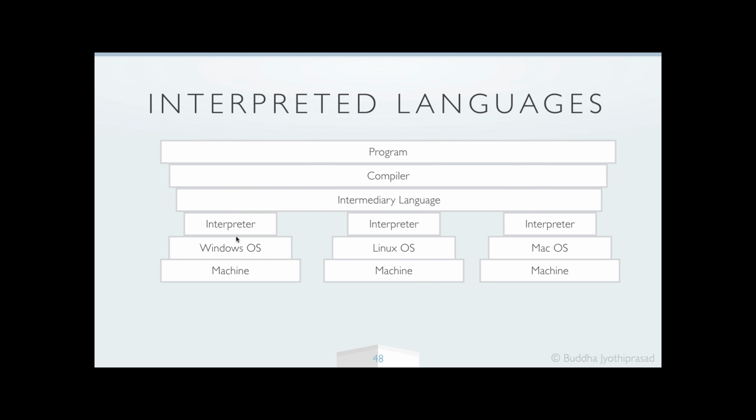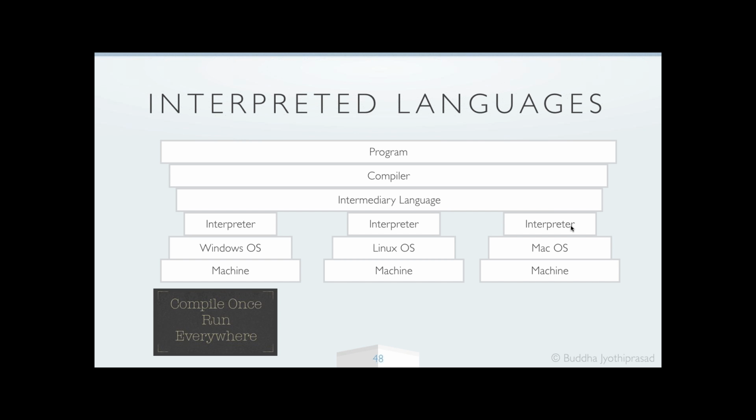The advantage with this approach is that the compiler and program stay the same. It will be converted to a single intermediate language, and once it is converted, we can interpret it using different interpreters which we can install on our machines. So in Java, the motto is compile once, run everywhere.